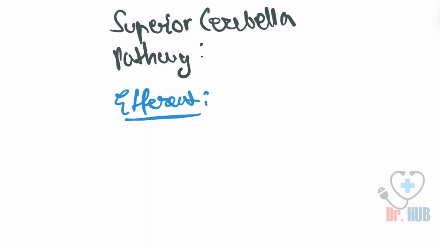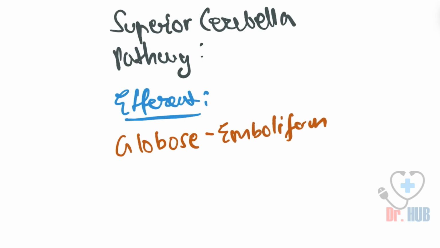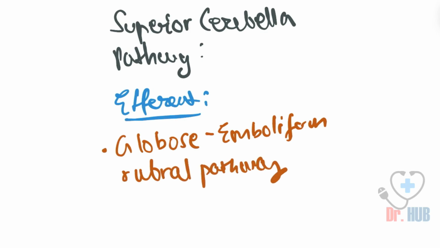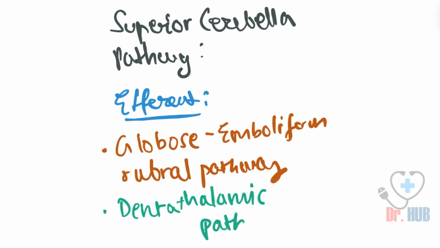The efferent fibers are the globose emboliform rubral pathway, and there is also the dentatothalamic pathway.